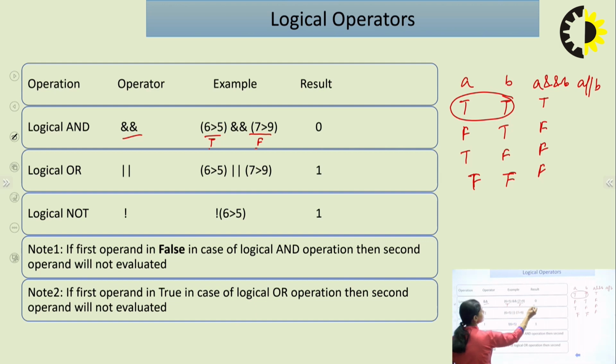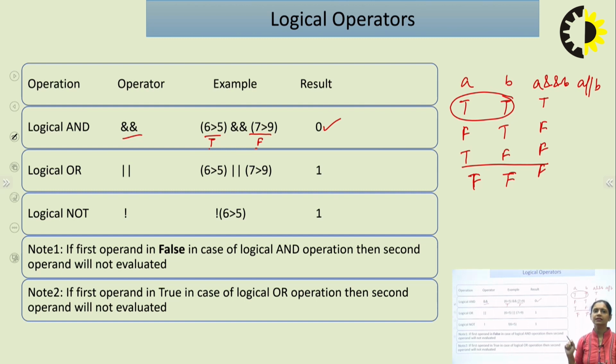True and false gives the result as false, that is why the result is 0 over here. So the logical and means whenever both the conditions between which we are adding this logical and are true, only then the result would be true, otherwise the result would be false in all the cases.